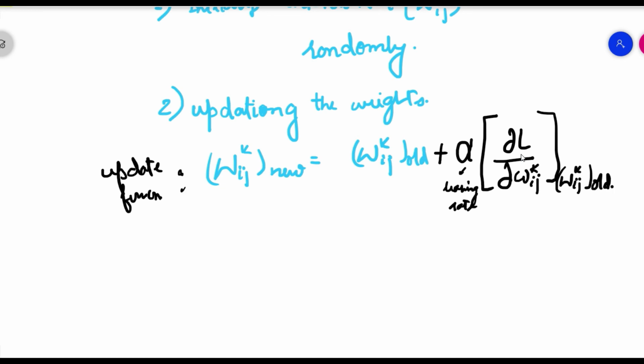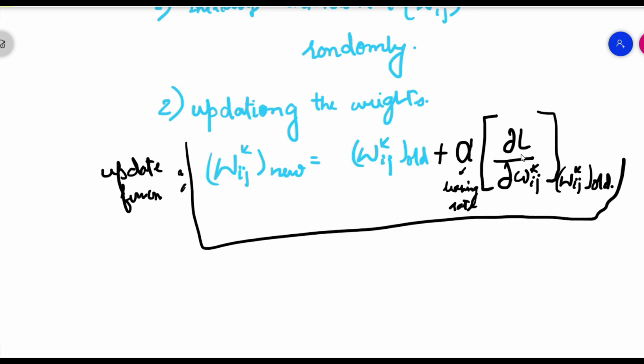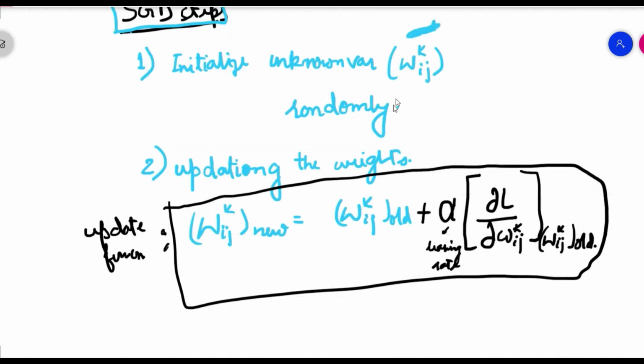Using this update function you keep updating your weights, starting from the random value, until you reach convergence, where W^k_ij old is similar to W^k_ij new, such that they don't have a significant difference.